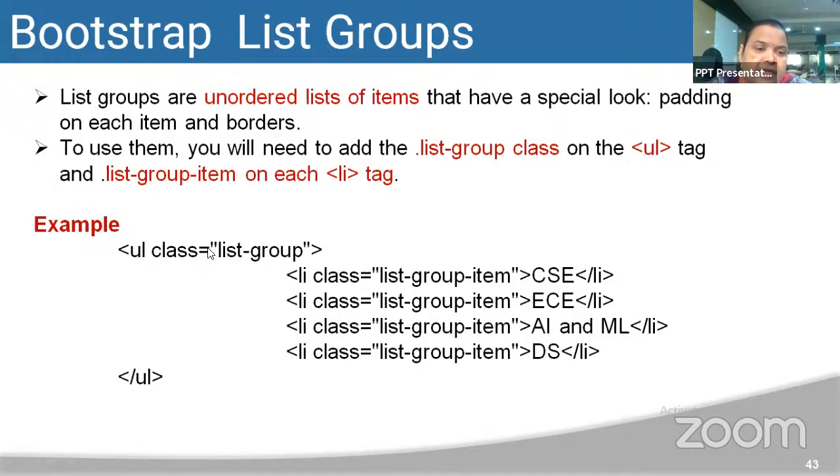That's why I am directly using class. Class is equal to list-group. This list-group is applicable only to the ul, that is the unordered list. Then one more class name: the li is for the list tag, and the class is called list-group-item.